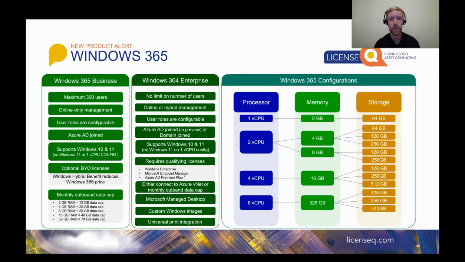It supports Windows 10 and 11. And you have the option to bring your own license. So Windows Hybrid Benefit is something new that is coming to play here, and it will reduce your Windows 365 price. There's a monthly outbound data cap, and that is listed on the screen.